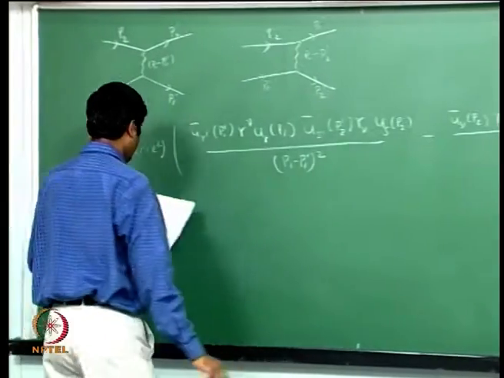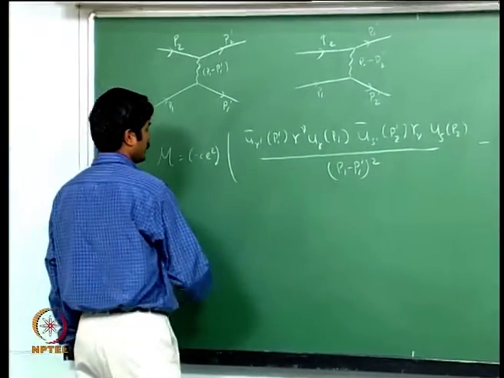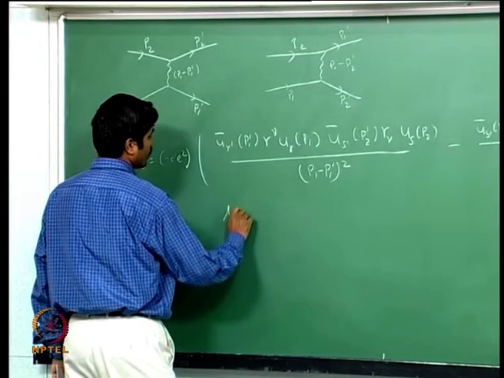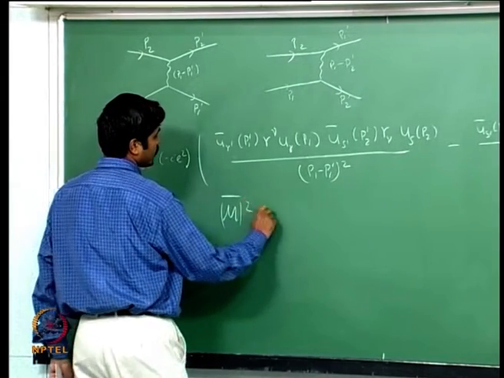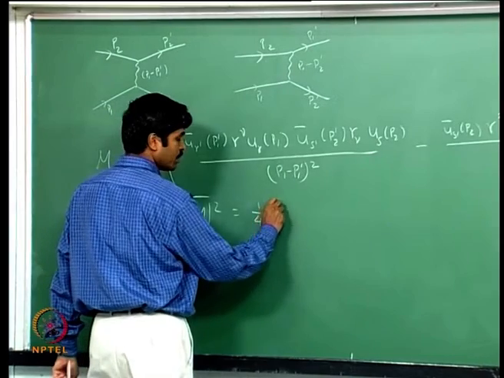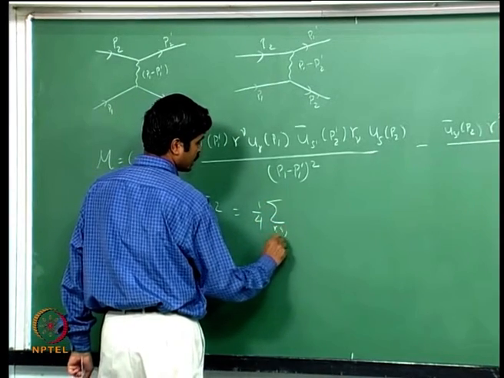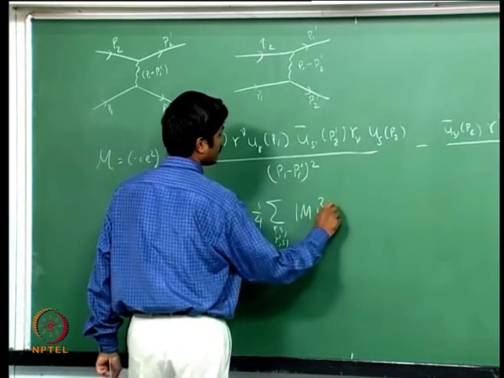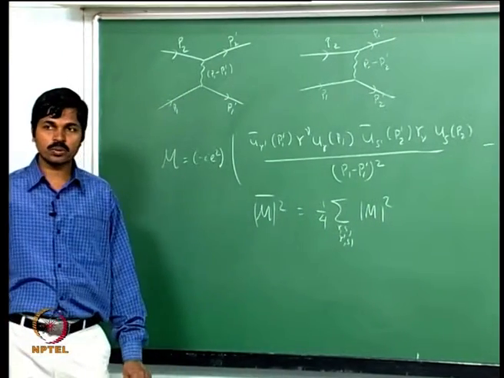And what comes in the differential scattering cross section is the average of mod M squared, which is 1/4 of the sum over r, s, r prime, s prime of mod M squared. So the mod M squared contains 4 terms.